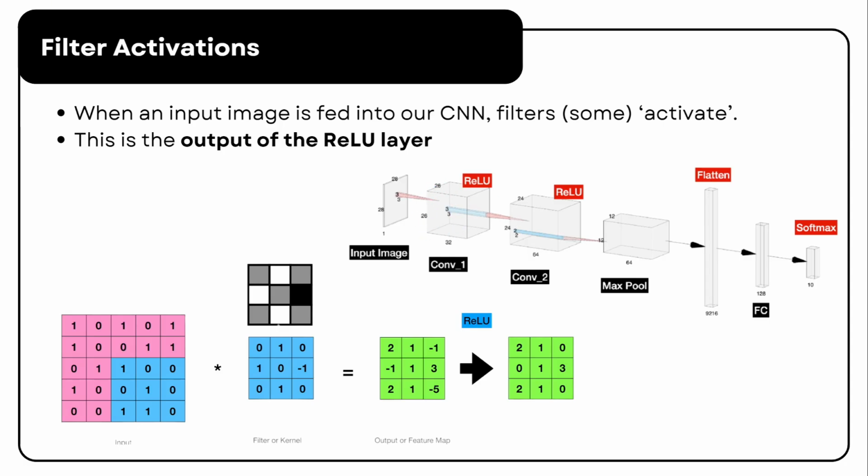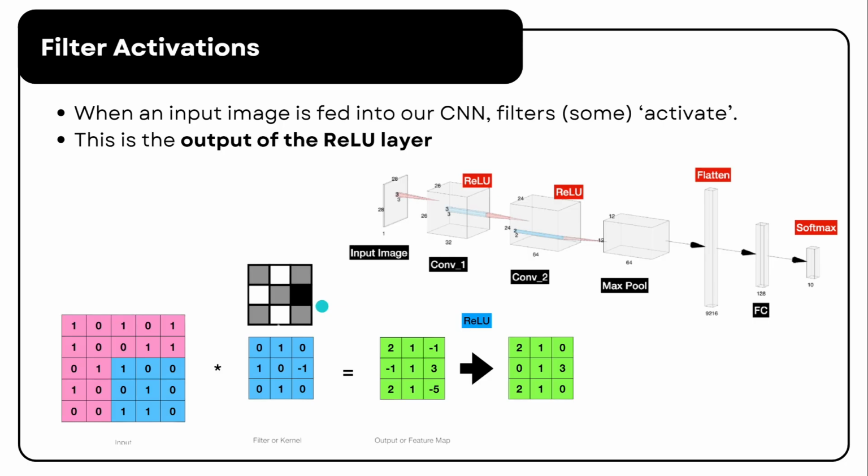So what should happen, at least in theory, is that a certain filter in the neural network will activate. This means they respond strongly when they detect specific patterns or features in the input image. Let's take a look at the illustration here.